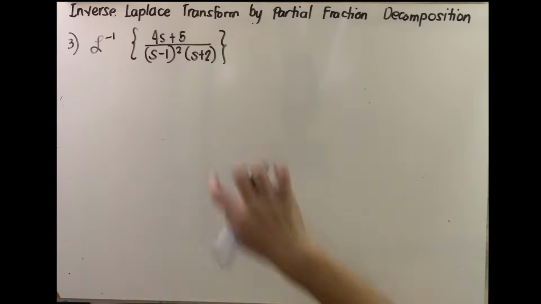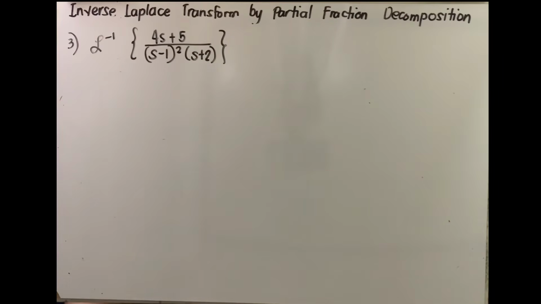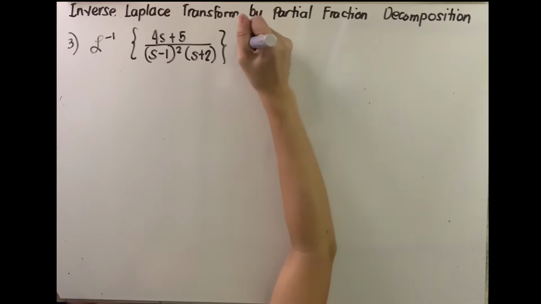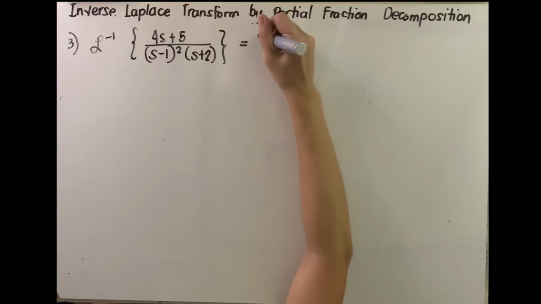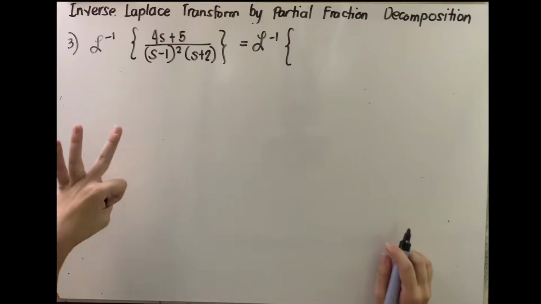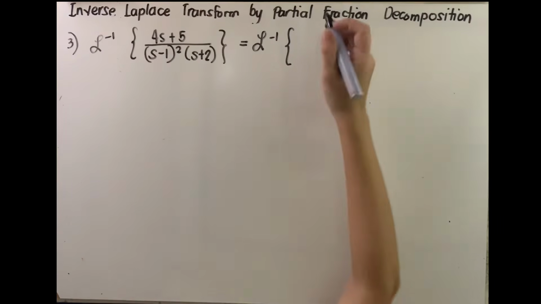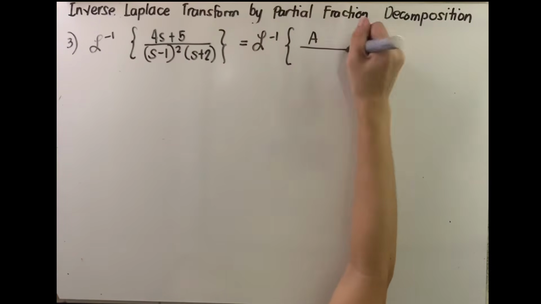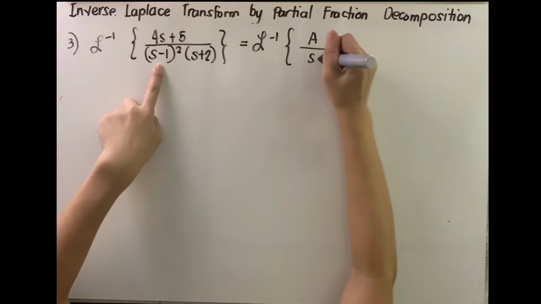So, to solve this, diba ang ginagawa natin kapag may repeated linear factor, by partial fraction, this would be equivalent to the inverse Laplace transform by partial fraction. Bali, tatlong fractions to. You will have A over 1 of the S minus 1s.